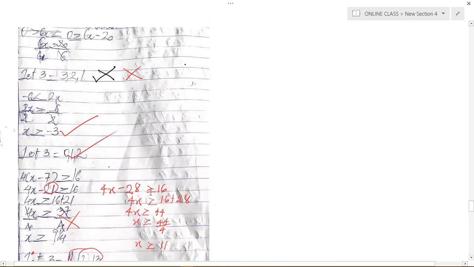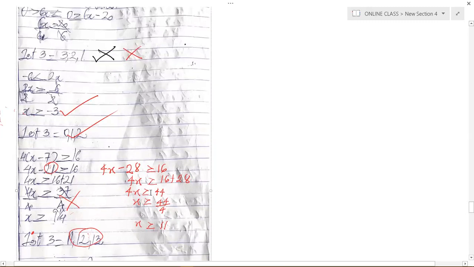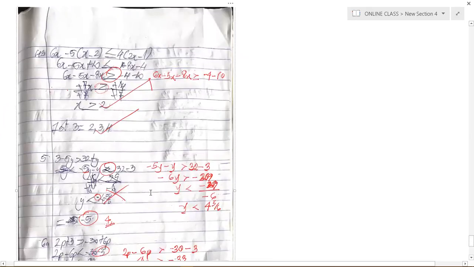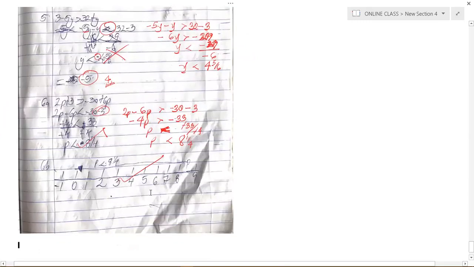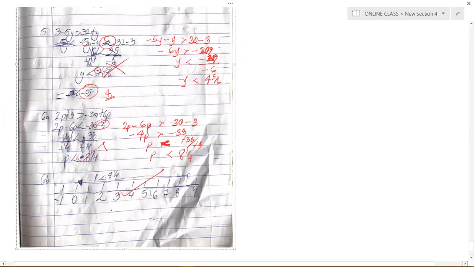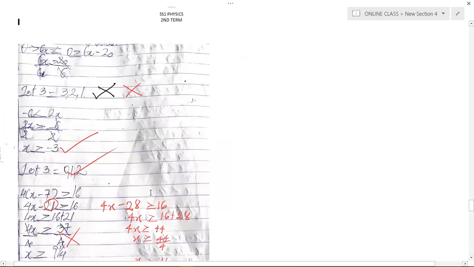So I'll give you a mark. You have 2 marks there. 3, 4, 5, 6, 7, then 8. Out of how many?